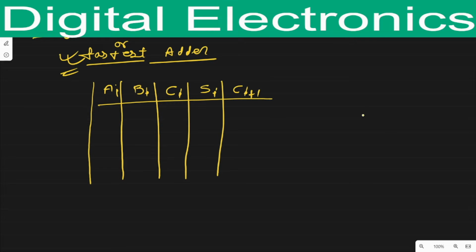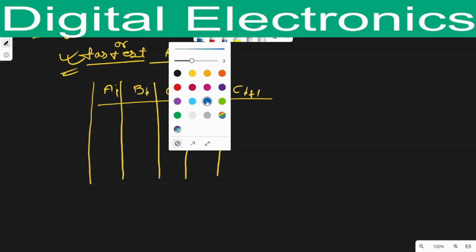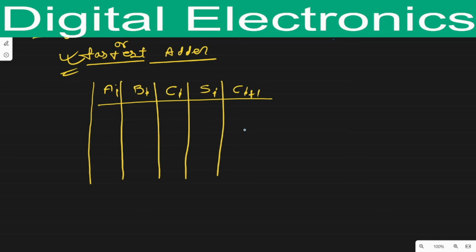Now, taking the input combinations: 000, 001, 010, 011, 100, 101, 110, and the last one 111. In this condition sum will be 0, carry will be 0; sum is 1 here.